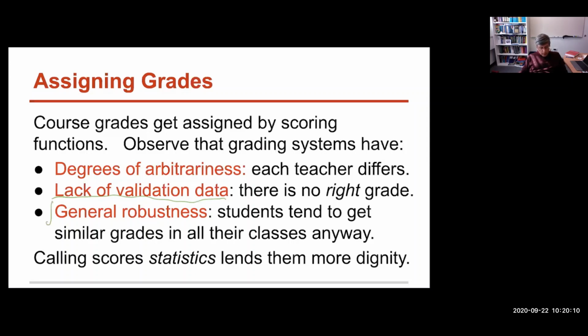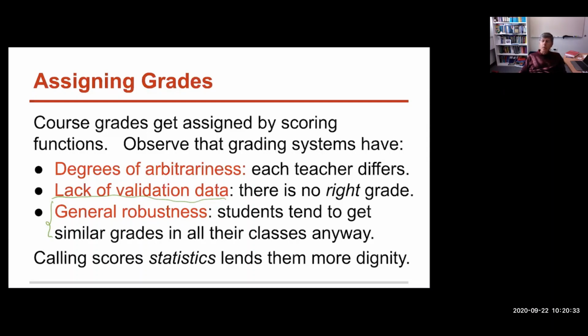Still, what I'd like to convince you of is that, despite the fact that every teacher uses a different system and no grading system is validated, okay, there is still a general robustness. Most of you, I trust, get good grades in just about all your classes, okay?